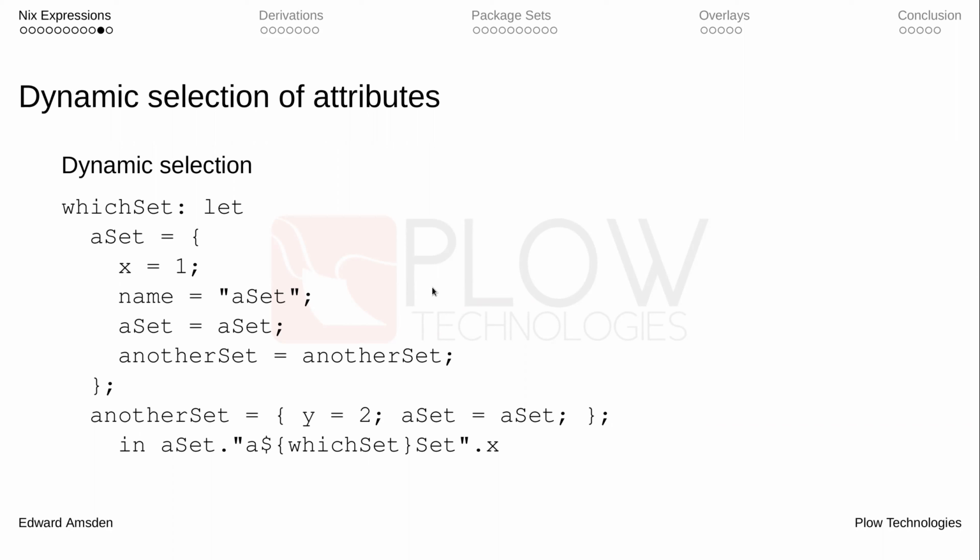So you can dynamically name attribute sets, it's just a little bit more involved than just quoting on the left-hand side. It's kind of like a library function more than a syntax thing. But it's built into the language. It's not in lib. I don't know how you would write it if it wasn't built in, because there's no other way that I know of to dynamically name attributes of a set.